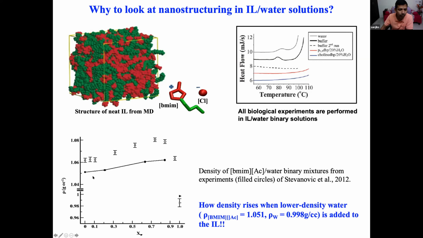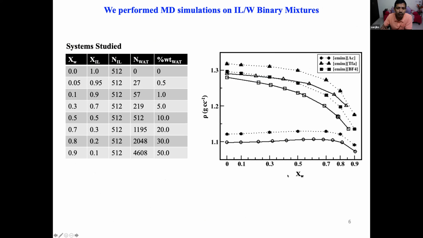And then when they added water, which has a lower density, interestingly, the density increases. This is an interesting observation: you are adding water, which has lower density than neat IL, yet your density increases. So what is happening there? That interests us to find out the microstructural organizations.